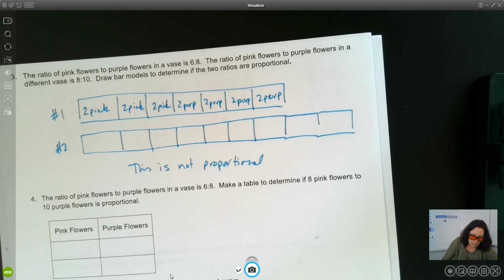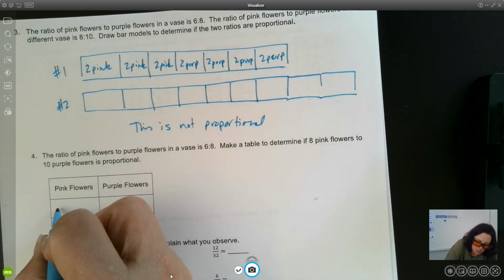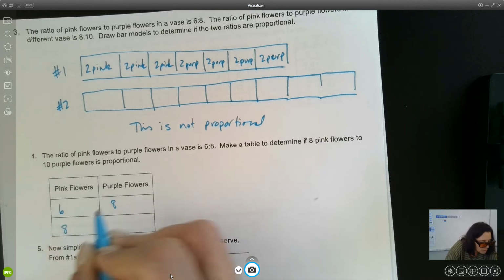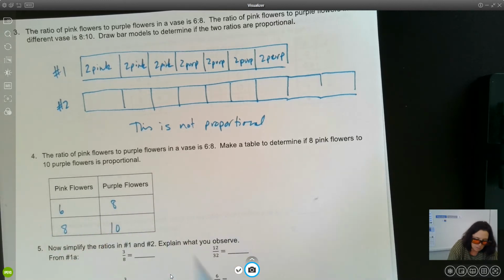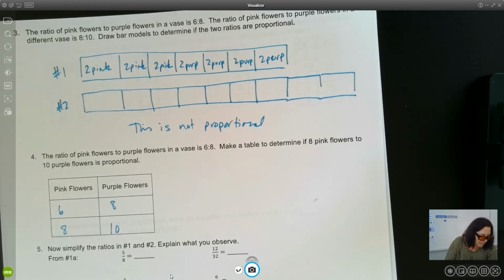All right, now let's look at this relationship in a table, just like we did on the last couple of examples. So 6 pink flowers to 8 purple flowers, 8 pink flowers to 10 purple flowers. Let's come up with the number that we would need to multiply pink by to get purple. We're just going to do this number over this number.